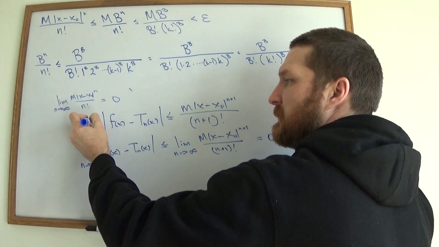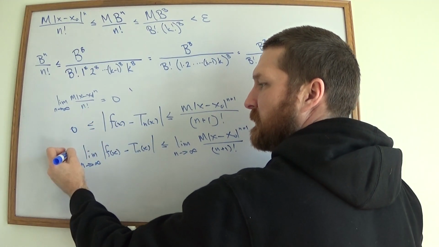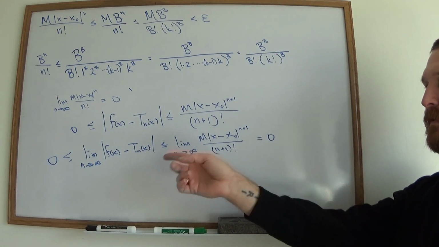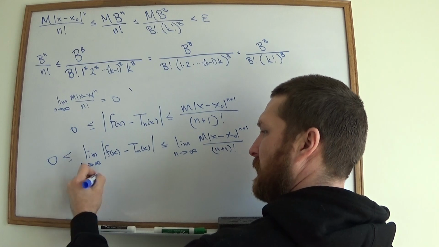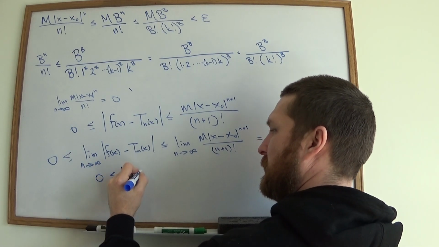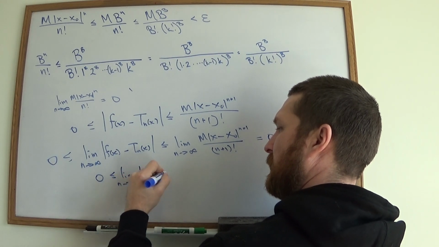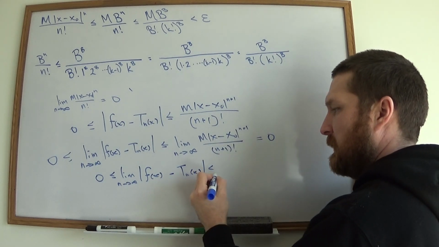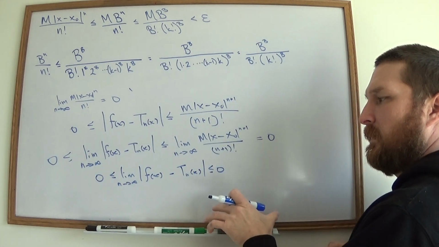And this, since it's an absolute value, is bigger than or equal to 0. So that's bigger than or equal to 0. And so by the squeeze theorem, we have that 0 is less than or equal to the limit as n goes to infinity of f of x minus the Taylor approximation, which is less than or equal to 0.